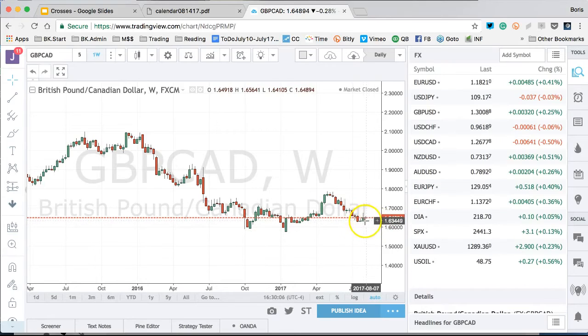So if you believe the downside is possibly broken, it's going to be the 162 that gets challenged to the downside, 166 to the upside. Really, it's a trade first on pound weakness, and then as the week progresses on loonie strength. But it does look like it's ready to possibly test the lows again. At very minimum, possibly test the lows here at the 162s before any kind of action takes place.